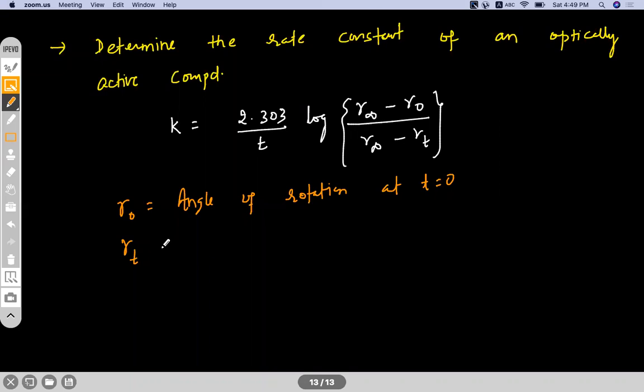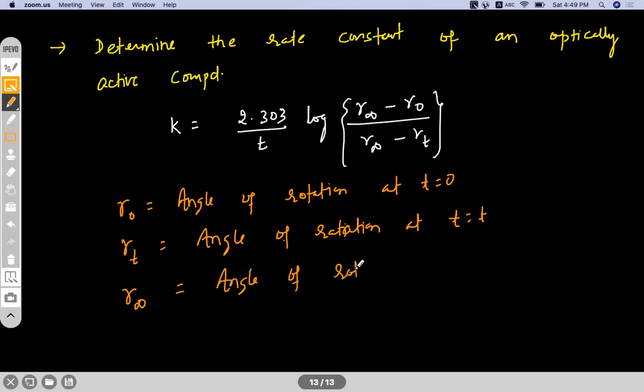Rt is the angle of rotation at time t, at t equals t. And R infinity is again the angle of rotation at t equals infinity.